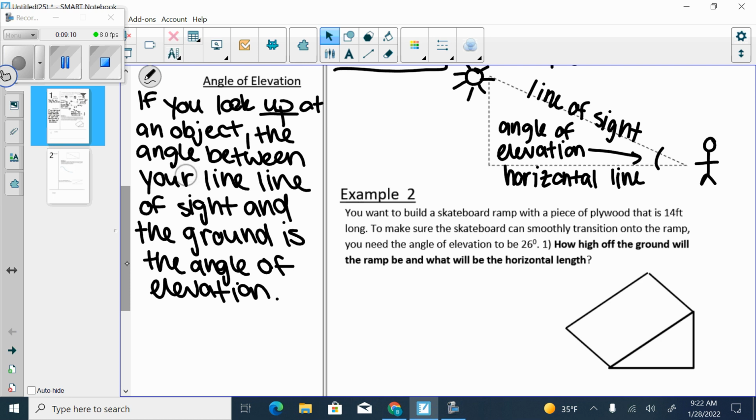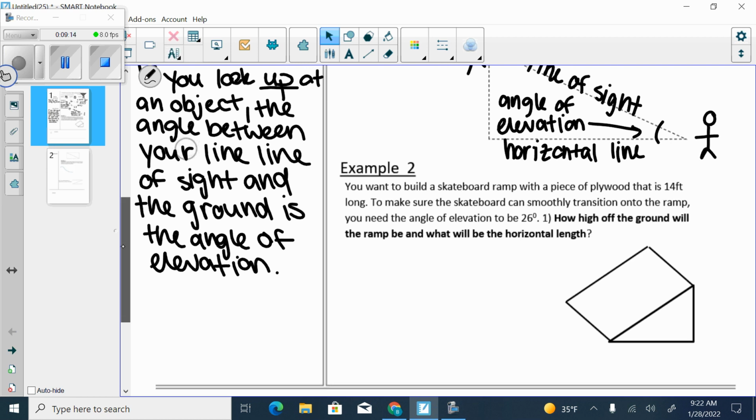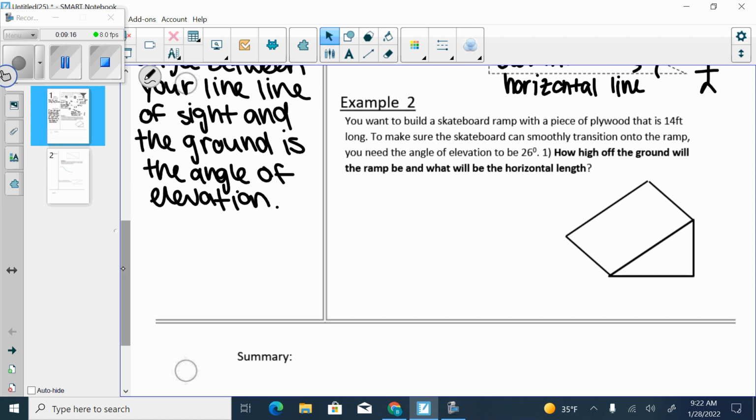So let's look at some example that mentions an angle of elevation. So it says you want to build a skateboard ramp with a piece of plywood that is 14 feet long. To make sure that the skateboard can smoothly transition onto the ramp, you need the angle of elevation to be 26 degrees.